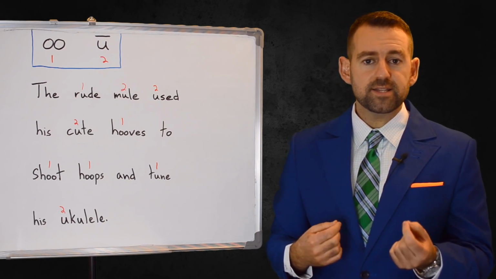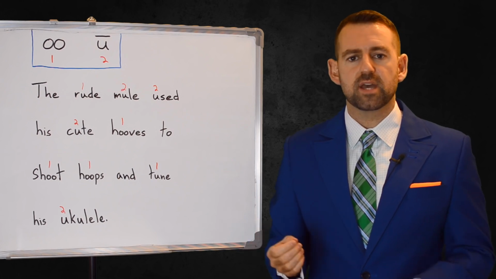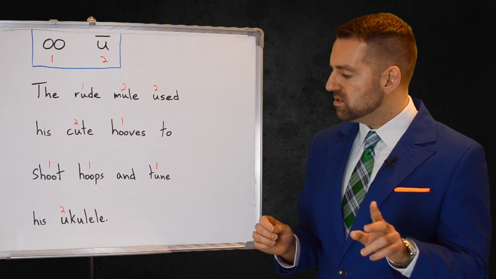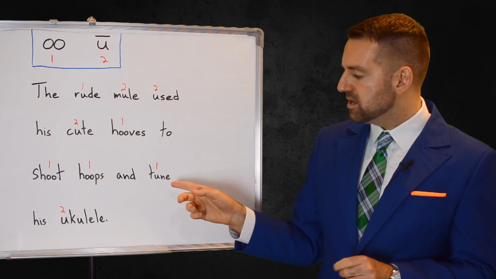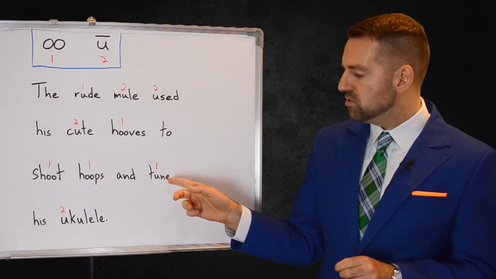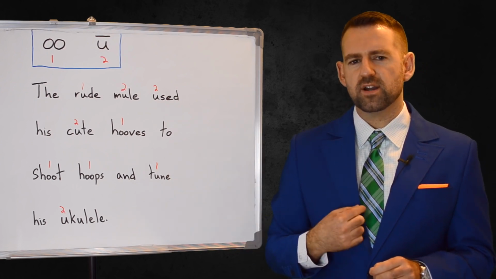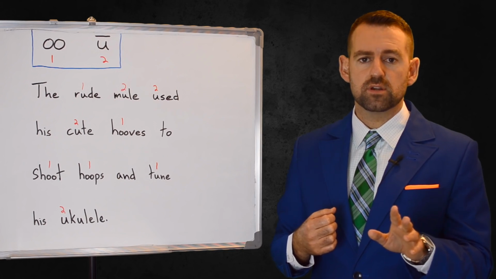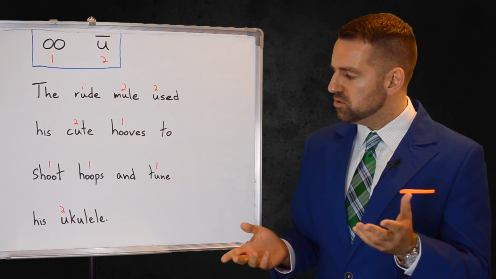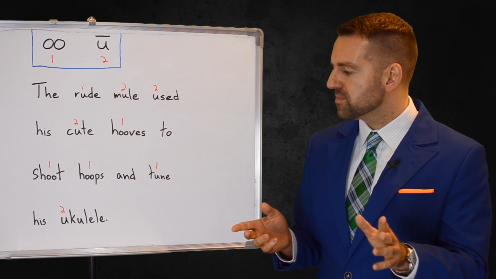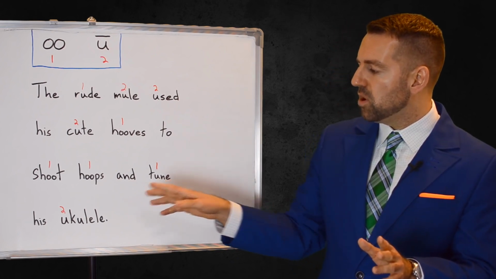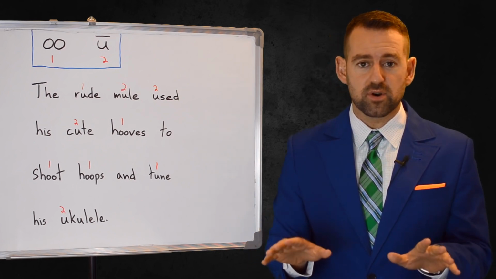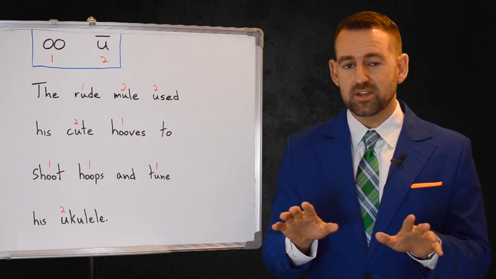So I say noos, but some people say nyoos. Another word that you can decide is this word, tune. So I think I say toon, but you could also say tyoon. It's your choice. But for most of the other sounds, it's fixed. Okay, you don't have a choice between oo and you.